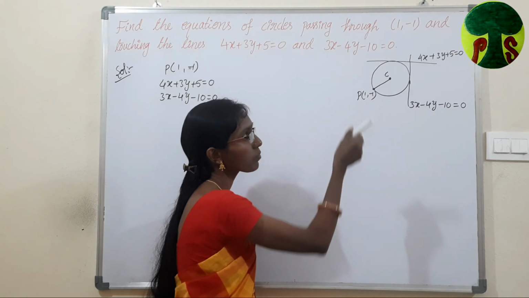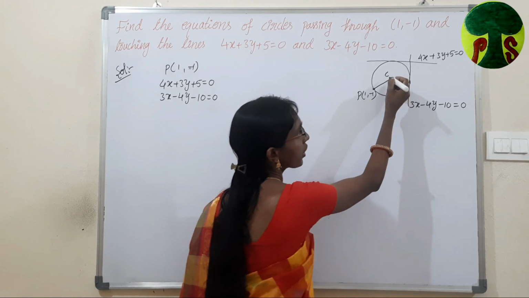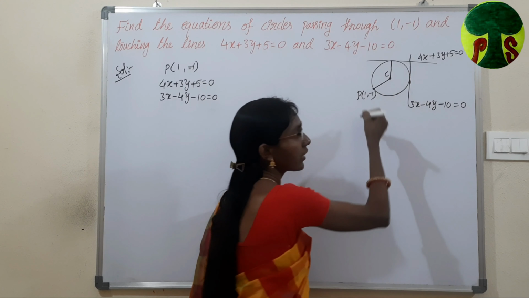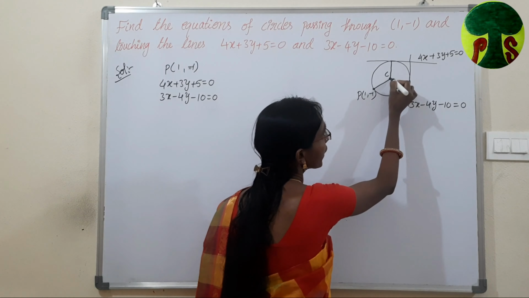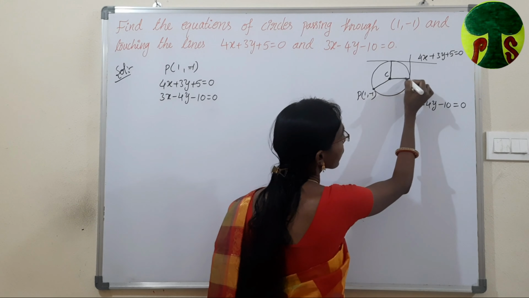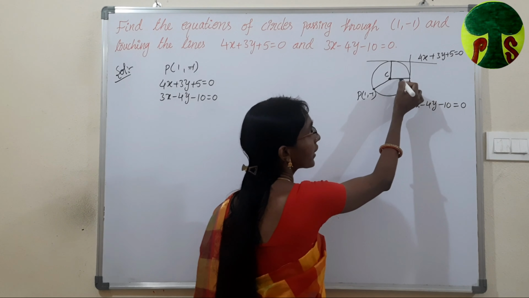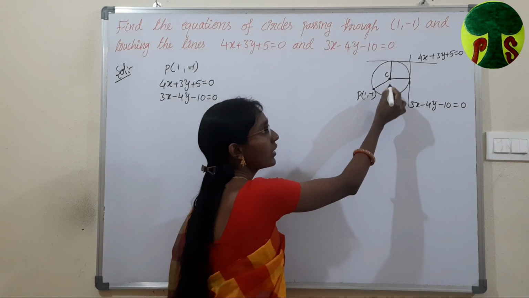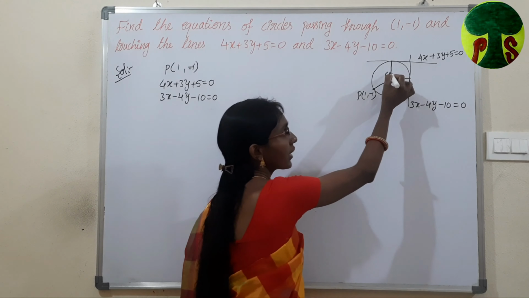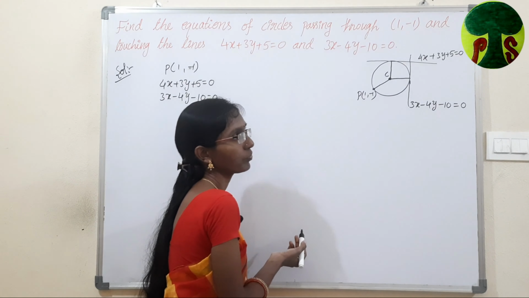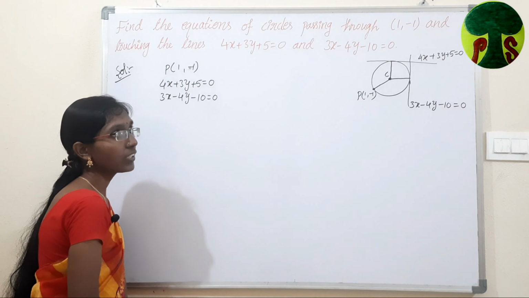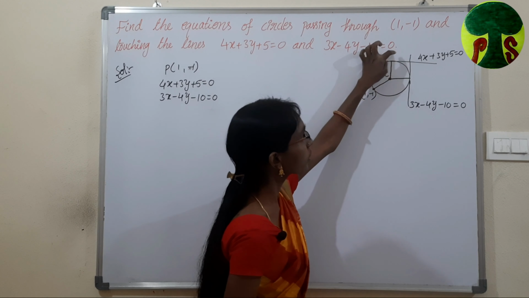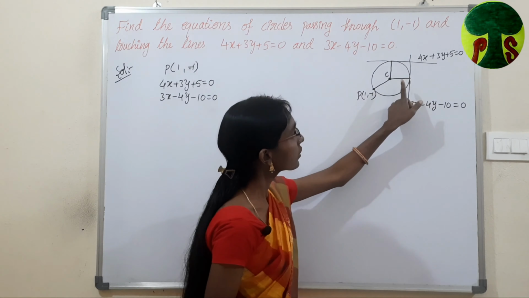And one more thing you can observe from the figure: the perpendicular distance from the center to this line is equal to the perpendicular distance from the center to this line, and these two are also equal to the distance from the center to this point, because these three represent the radius of the circle.